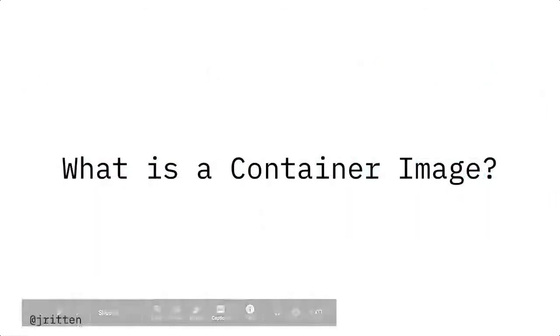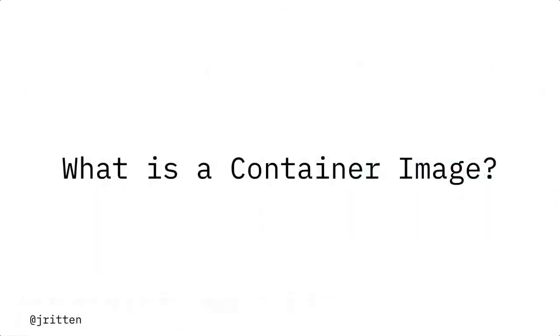So now that we are a little more familiar with what a container is, what is a container image? A container image is an unchangeable static file that includes executable code so that it can run an isolated process on some sort of infrastructure.